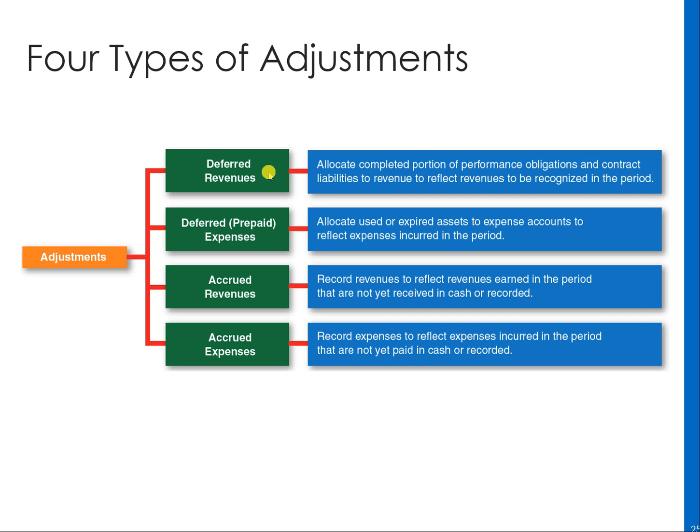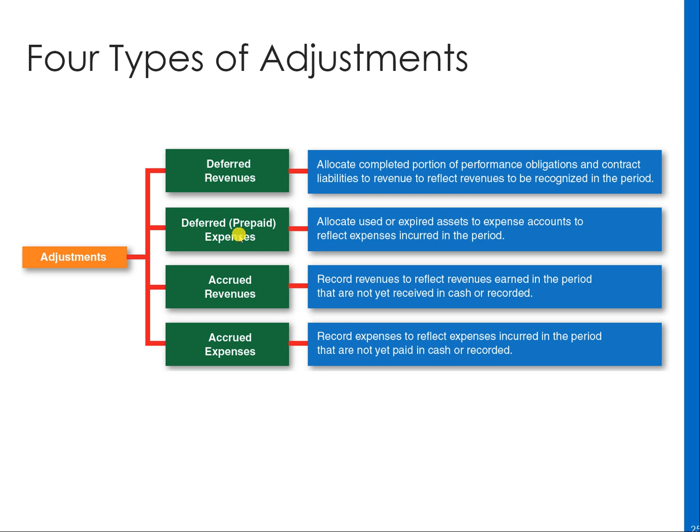We have received cash, and that becomes a liability. No revenue is recognized. Now this period we have provided service or sent goods. It's time to recognize those revenues, and we're going to make adjusting entries for those deferred revenues and recognize revenues in this period. That is one of the adjustments.